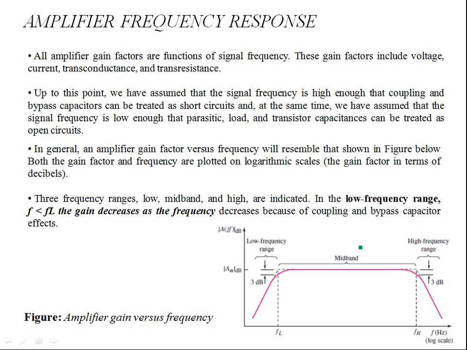Now, in all these configurations, if we consider the AC equivalent circuits, up to this point we have ignored any effect of internal resistance, which is inherent within the transistors.